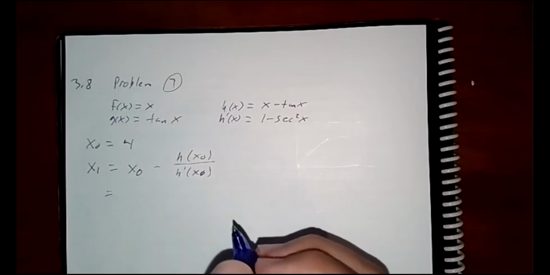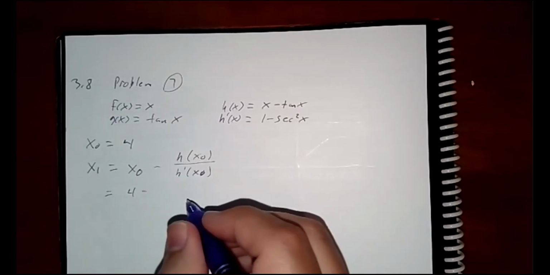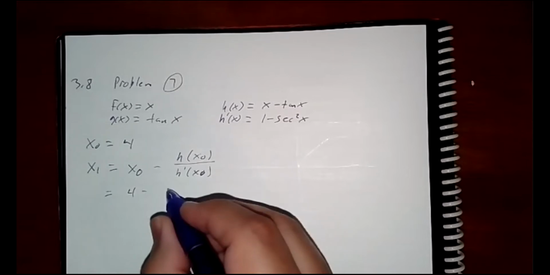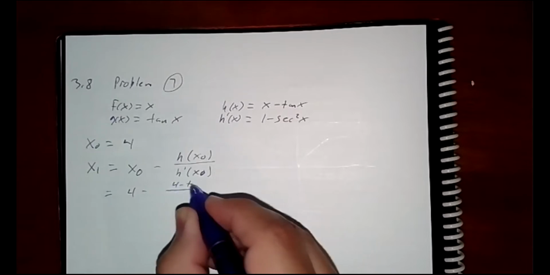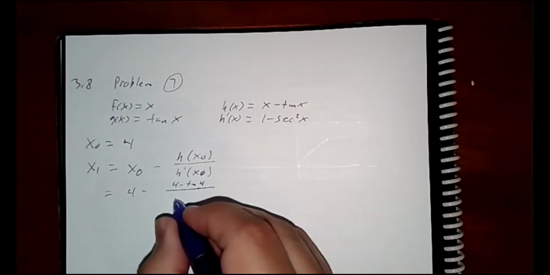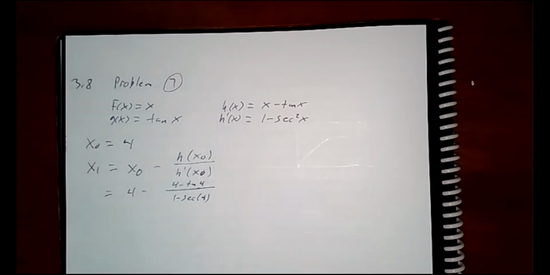So I chose 4. That would be 4 minus tangent of 4 over 1 minus secant squared of 4. I'm going to have to use a calculator here because these are not pretty numbers, right?